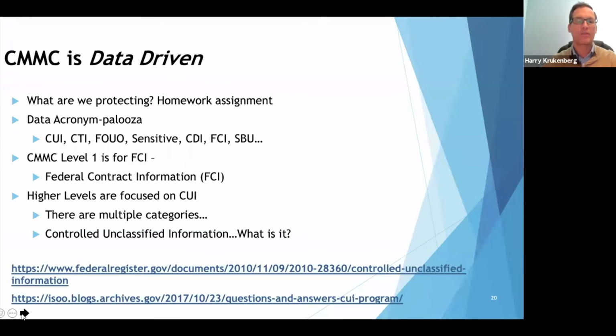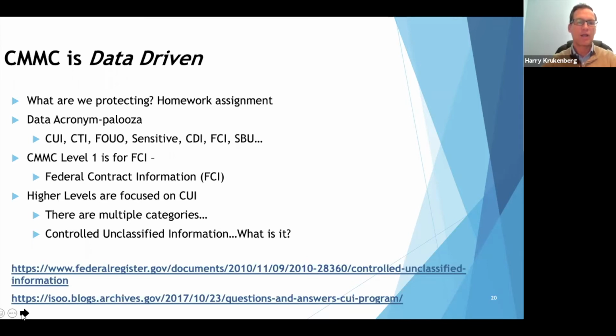And we'll have a homework assignment for you at the end, but prior to that, it's important to give a little history here. Prior to 2010, we had what I call data acronym palooza. We had CUI, we had controlled technical information, we had for official use only, or FOUO, we had sensitive information, we had federal contract information, and all of this had different rules and different structures associated with them for protection.